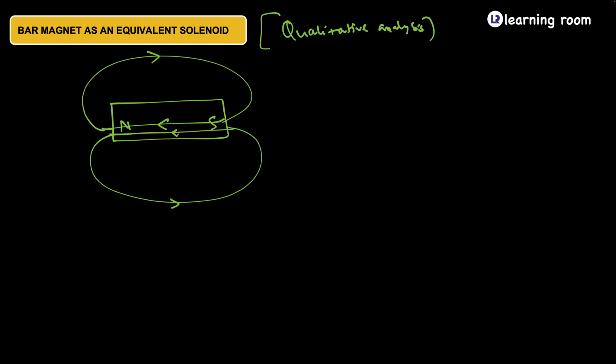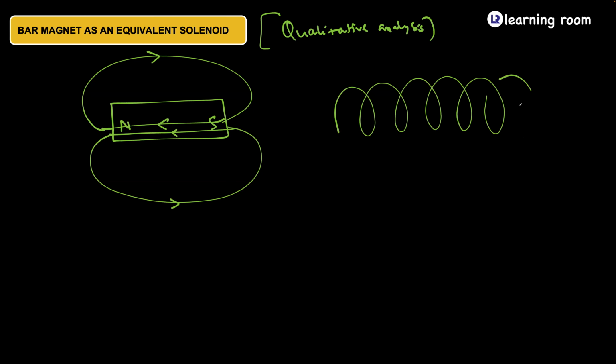It keeps on going like this. Whereas when you take a long solenoid, let's assume the current is going into the plane.